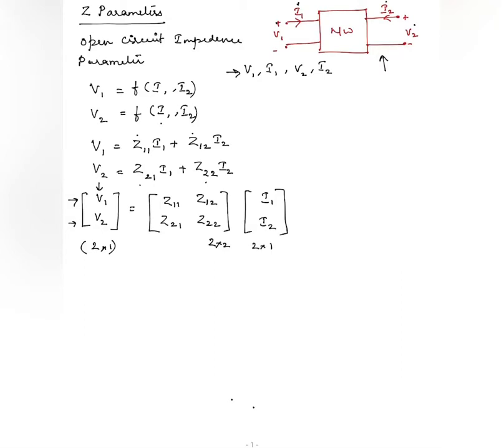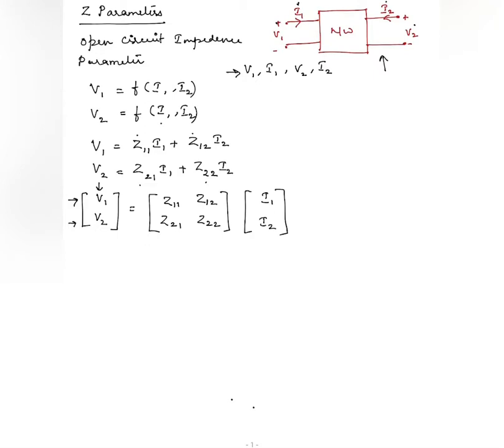From the basics we know that when you multiply a 2 by 2 matrix with a 2 by 1 matrix, you get a 2 by 1 matrix, right? So that is what you get here on the left hand side. The basics of matrix multiplication are not changed in any way.